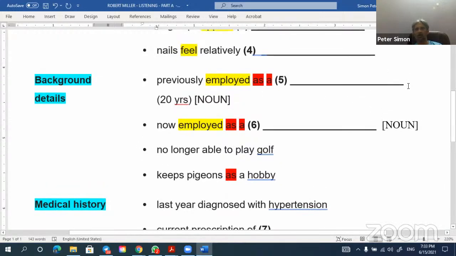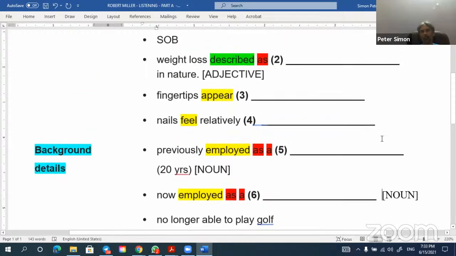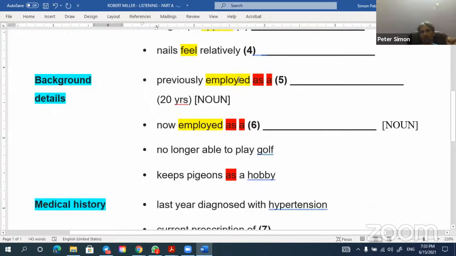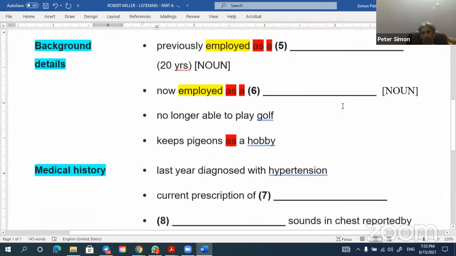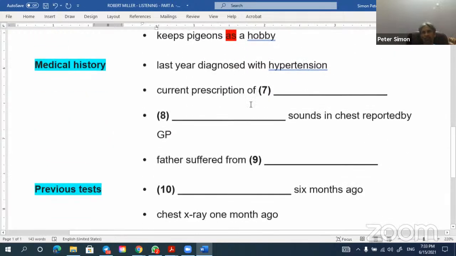This is also a noun, and this is also a noun. So now you can understand what nouns are. For adjectives, we said we will use green color. Next one, employed, verb. Here you get a noun.